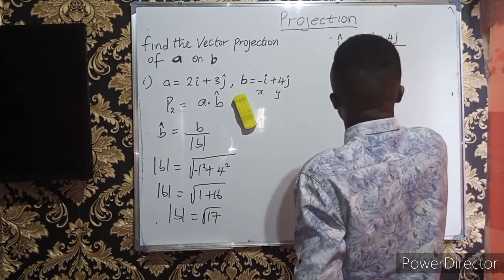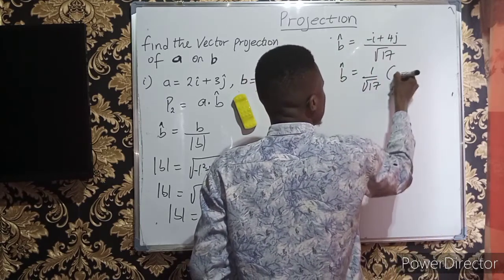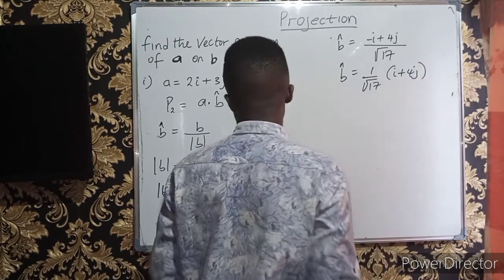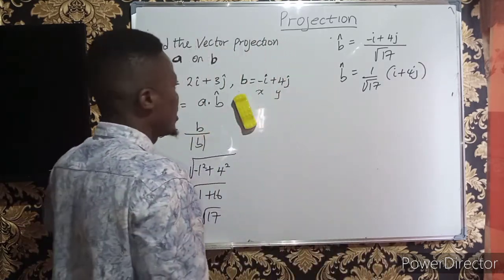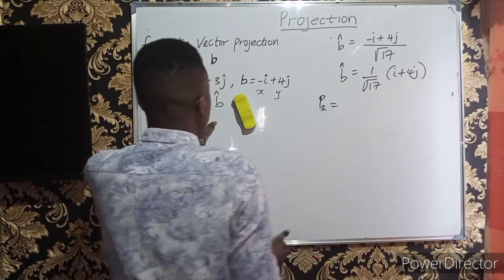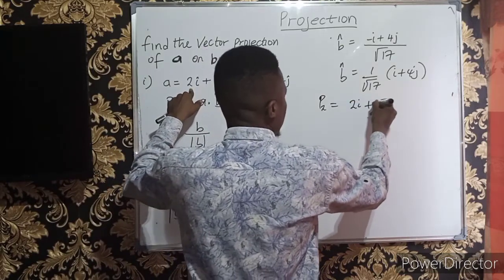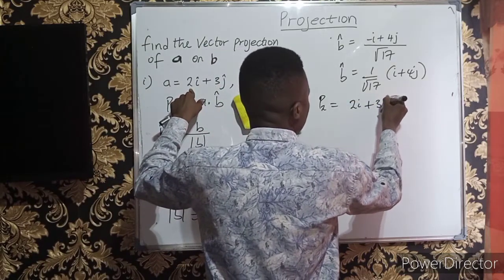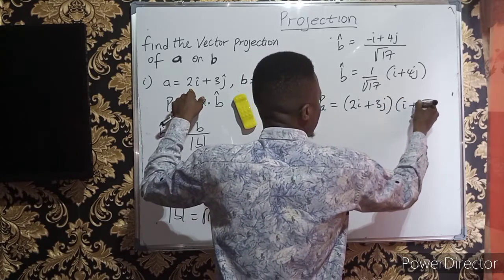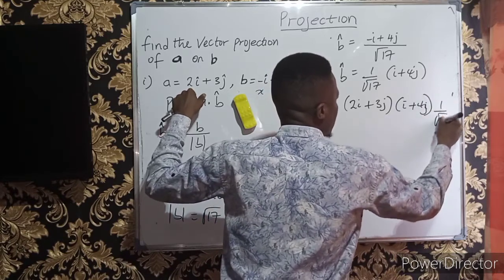This can be written as 1 over root 17 multiplying minus i plus 4j. That's the unit vector. So finally, the required projection, which is p2, will now be a dot b hat, and our a is 2i plus 3j, dot minus i plus 4j, into 1 over root 17.